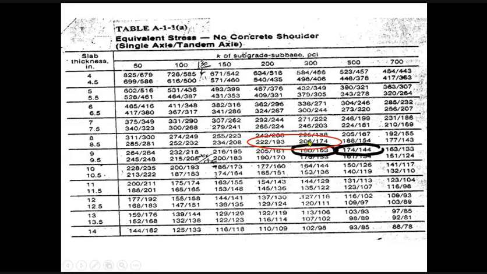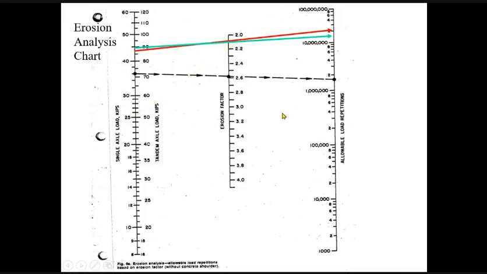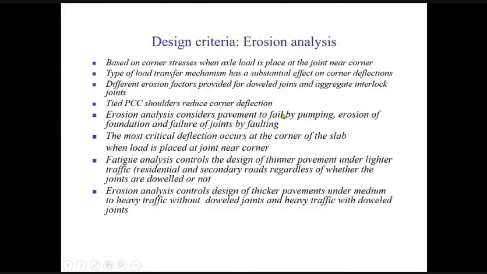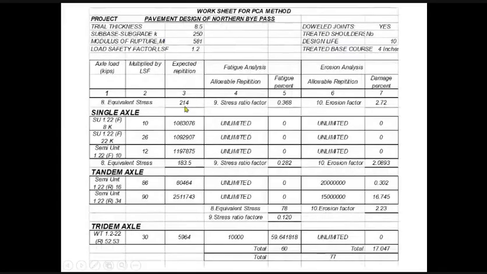If you interpolate, then it becomes 214. Similarly, for tandem, it is between 174 and 193. Take the average because we have this value of 250. So that's how I got this value of 214 and 183.5.